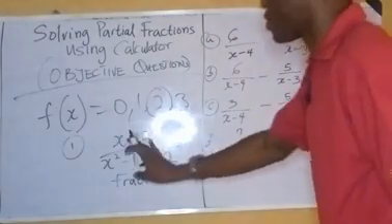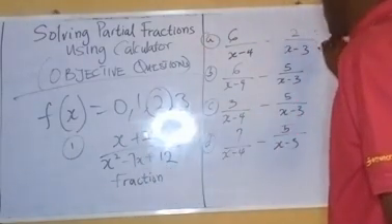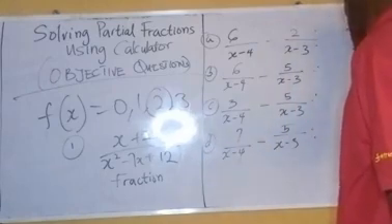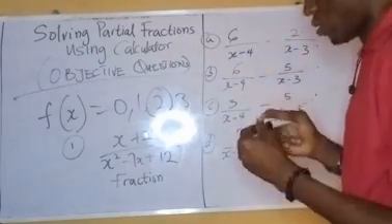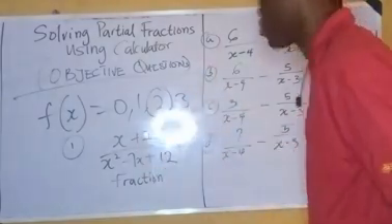For example, if you're having 1 over 2 here, one of these options A, B, C, and D has to give you 1 over 2. Which one will give us 1 over 2?